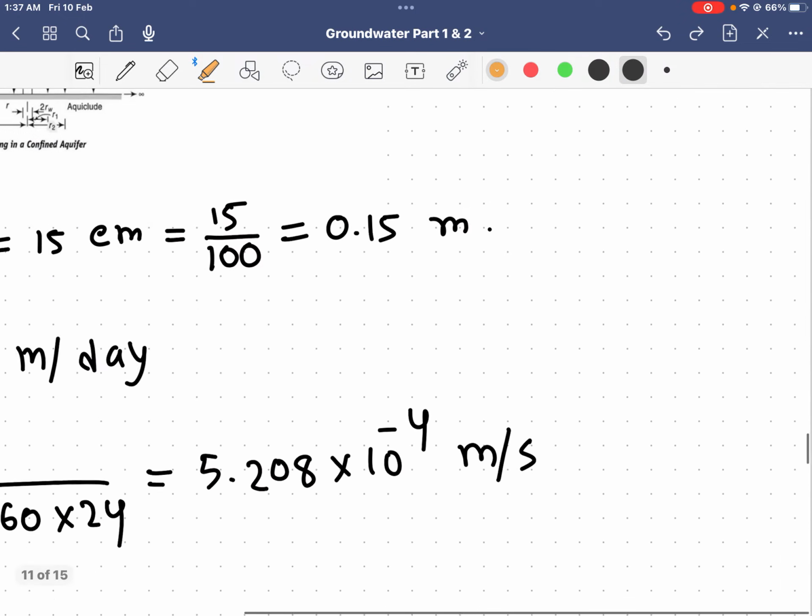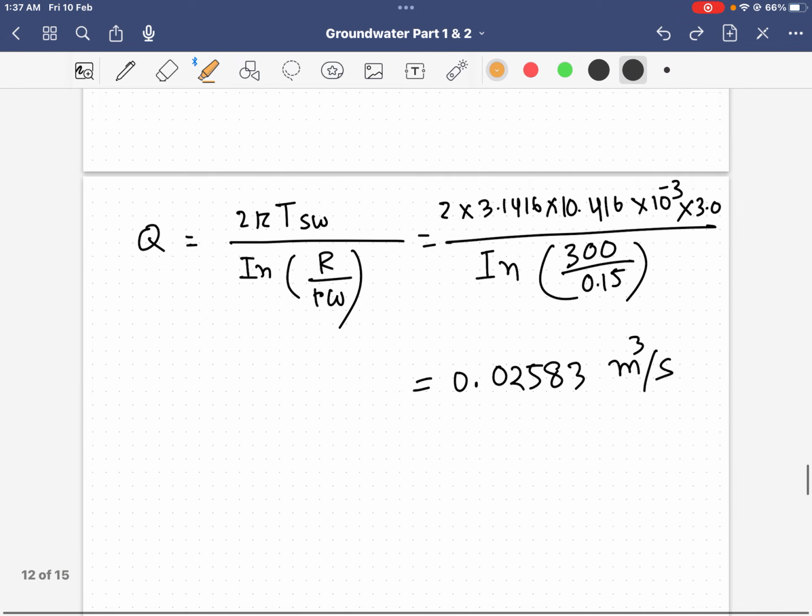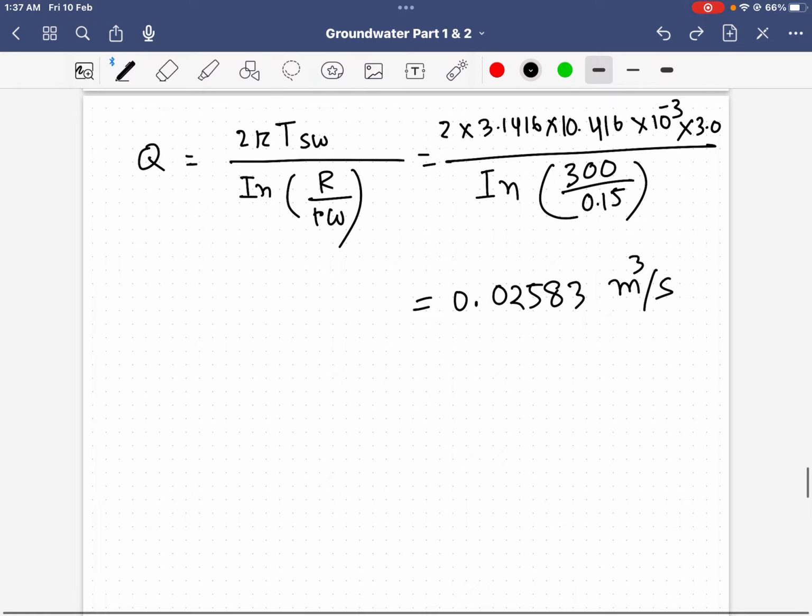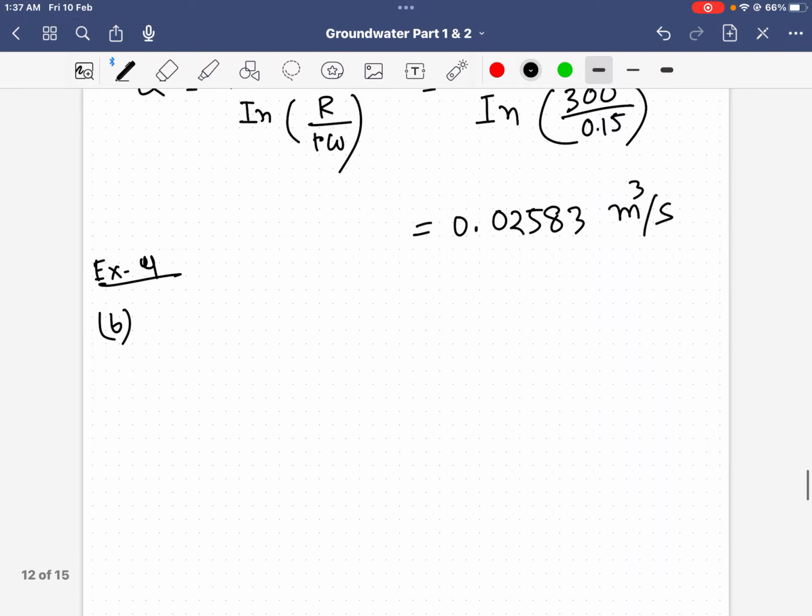Rw equals 45 centimeter divided by 2, which is 22.5 centimeter.